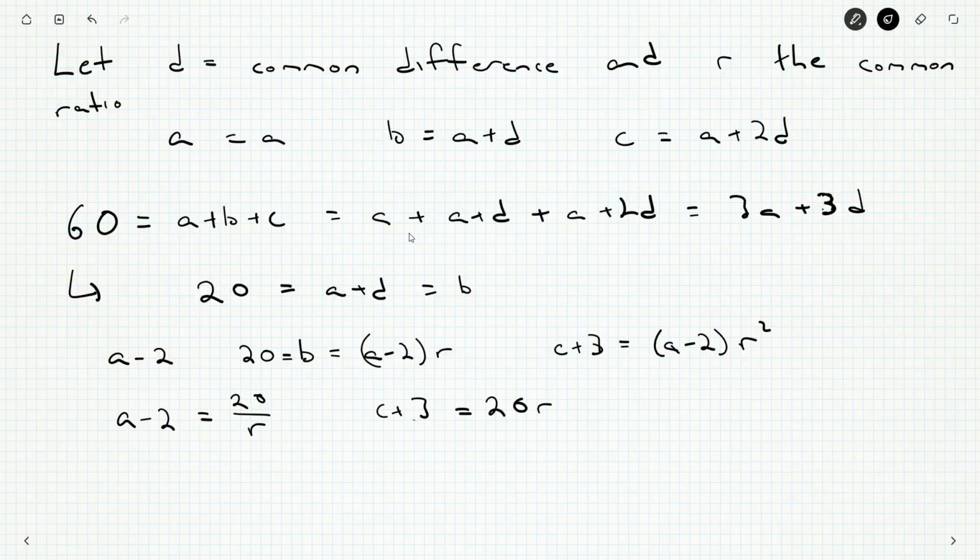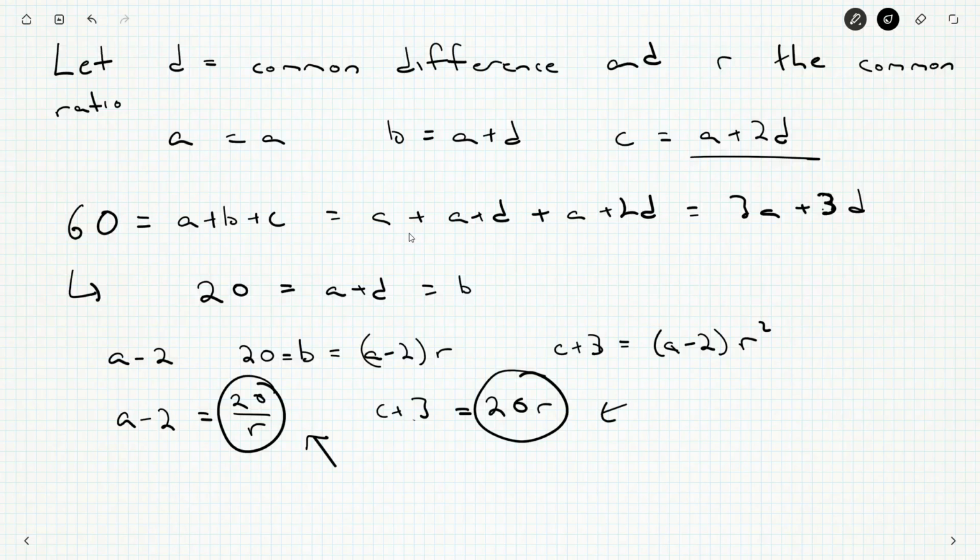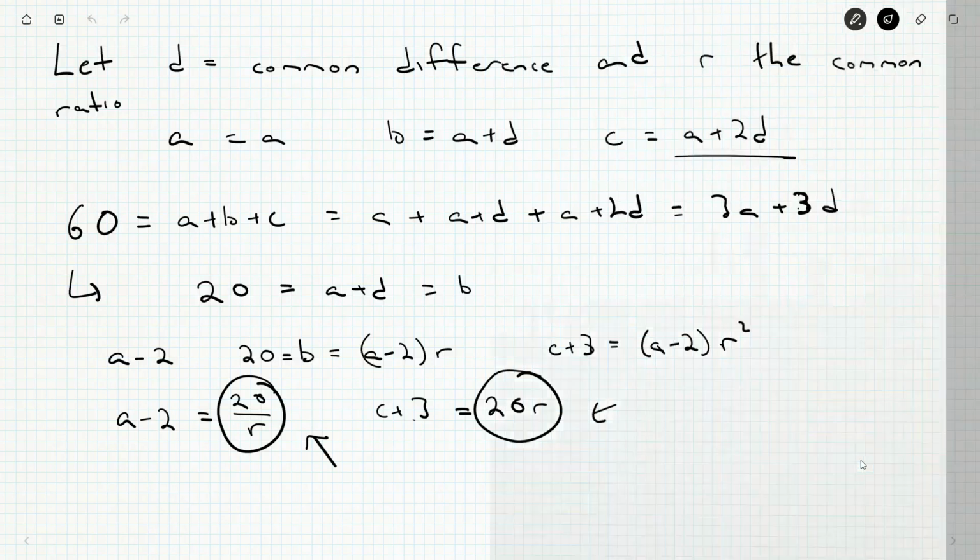So, what could we do here? I know C is A plus 2D, and both of these equations have R's in them, which is fine. But this one is dividing by R, this one is multiplying by R. So if I multiply them together, the R's will cancel out and we'll just get 400, which is 20 squared.